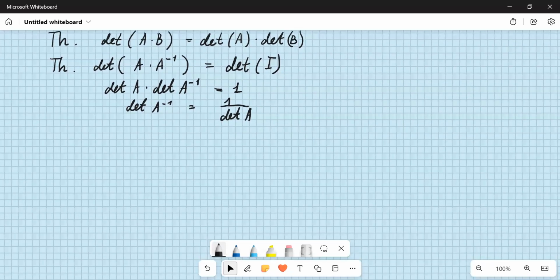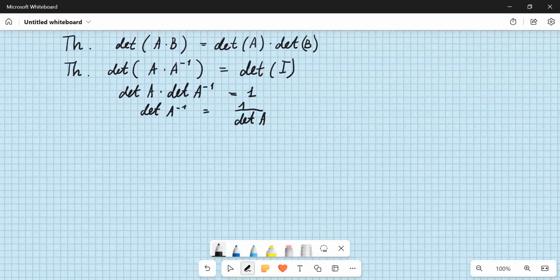Now, how are we going to use these facts? Well, first, before we start developing anything about inverses, I want to remind you a couple of facts about just normal determinants.